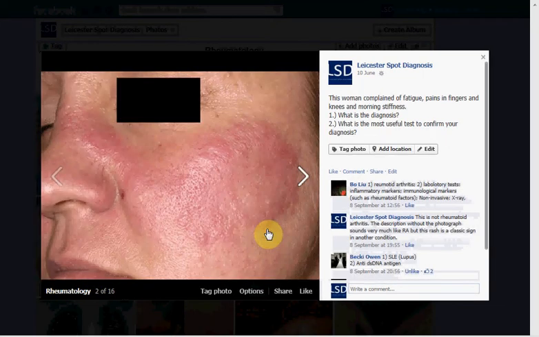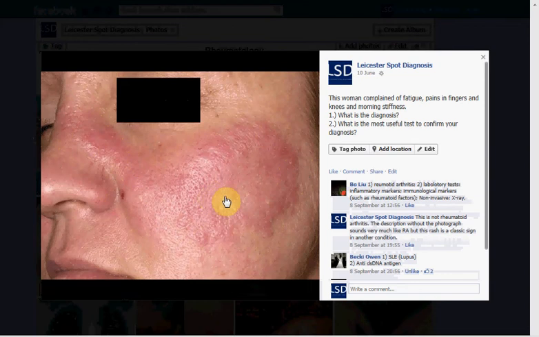Next case. This woman complained of fatigue, pains in her fingers and knees and morning stiffness. Diagnosis. Well, this is SLE, systemic lupus erythematosus. Notice the malar rash, it's a butterfly rash because of its distribution over the cheeks, over the bridge of the nose, but spares the nasolabial folds. Okay, what is the most useful test to confirm your diagnosis?